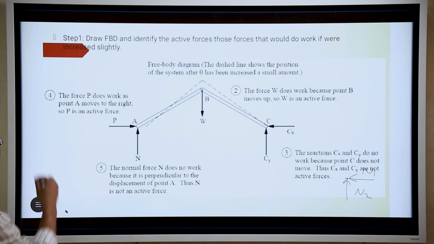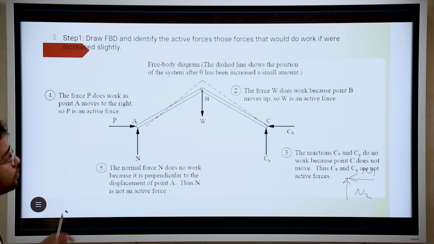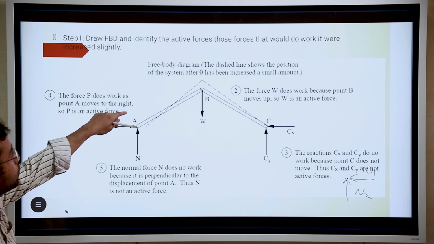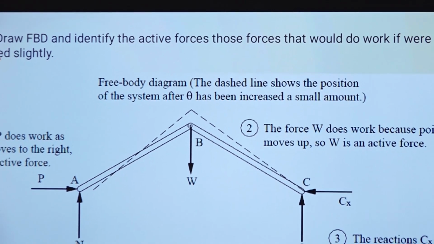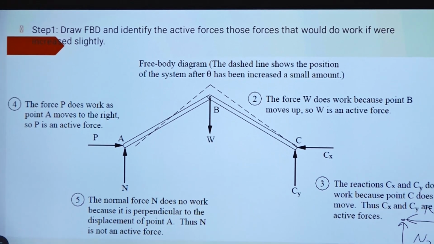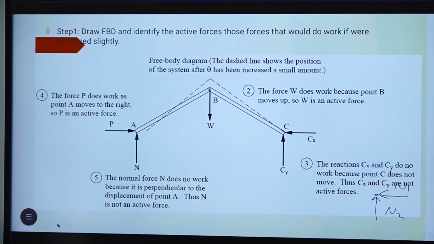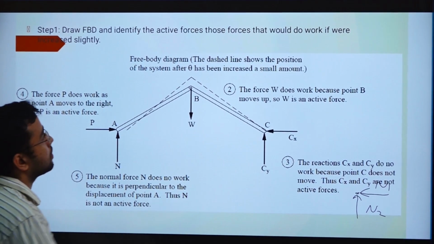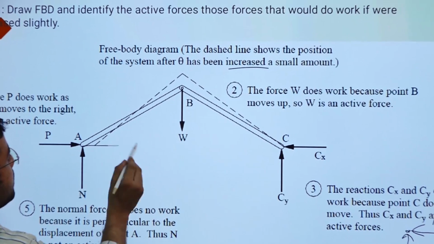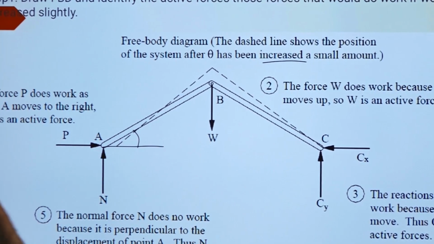Okay, so draw the FBD and identify the active forces, those forces that would do work if theta were increased slightly. If you just increase theta very little, then it will move a little bit, right? In the free body diagram, the dashed line shows the position of the system after theta has been increased or decreased a small amount.